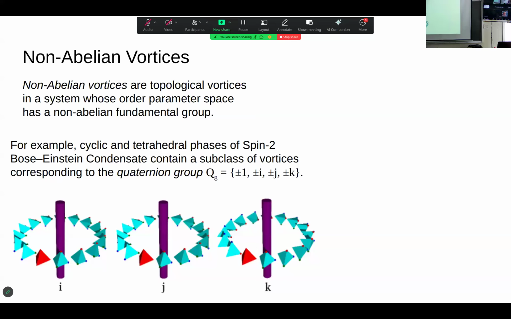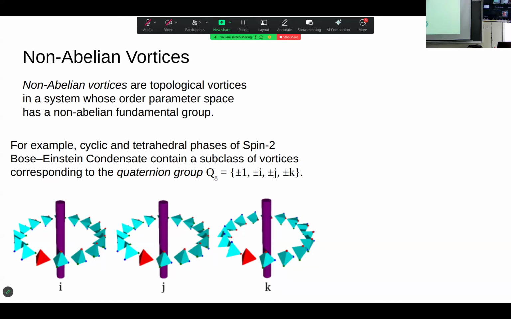Okay? Now, one way to think about this is that it arises in a system where the order parameter space has something to do with tetrahedral orientations. So at each point, the field gives you one orientation for the tetrahedron.